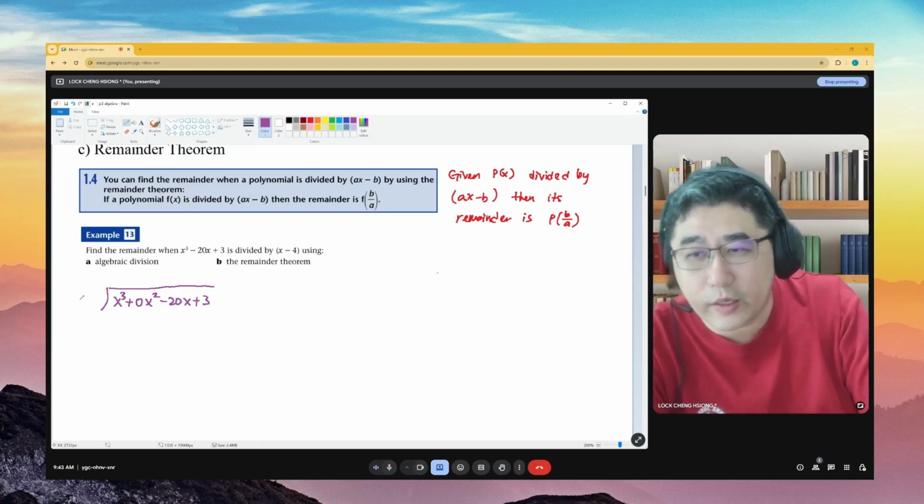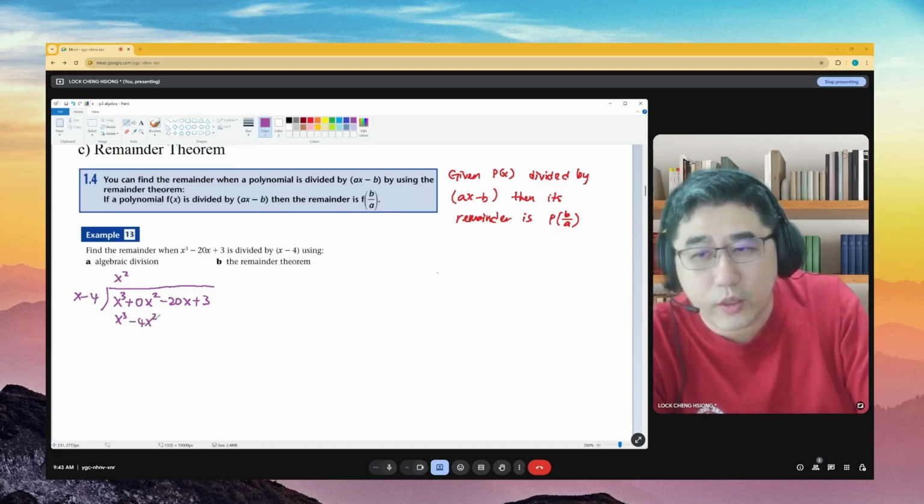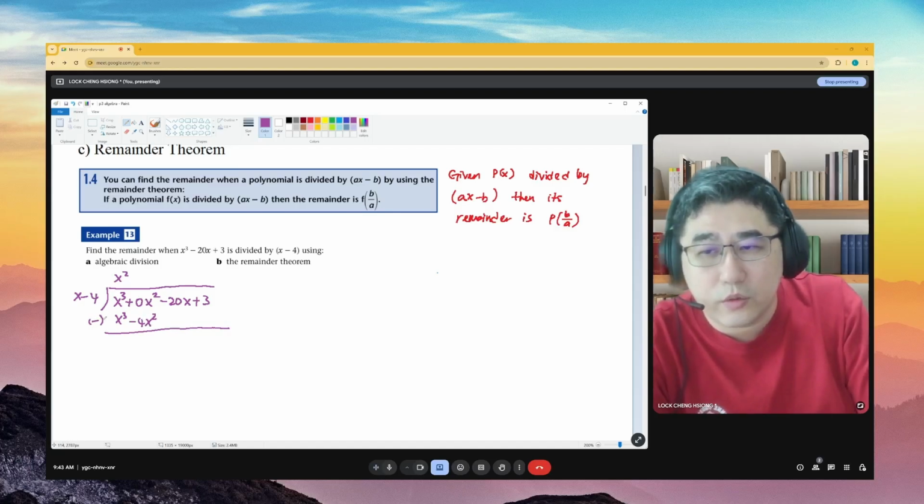Divided by x minus 4. Something times x gets rid of the x cubed, so x squared, x cubed, then minus 4x squared. The operation is a minus. 0 minus minus 4, so 4x squared minus 20x plus 3. Then something times x gives you 4x squared plus 4x.